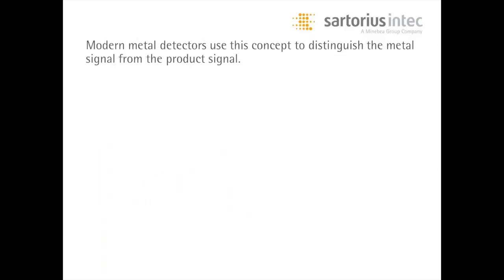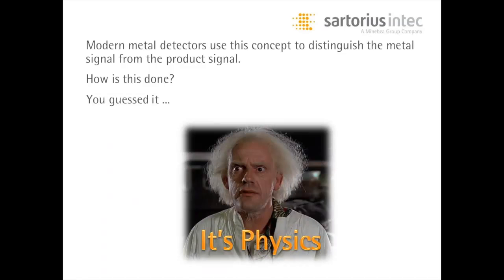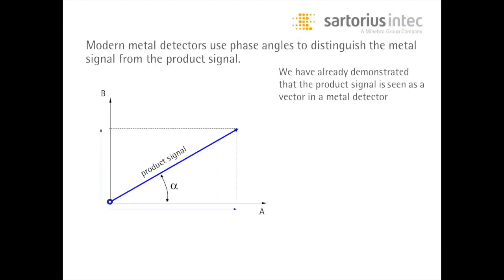So modern metal detectors use this concept to distinguish metal signal from the product signal. How is this done? You guessed it. It's physics. This is vector addition, and vector analysis is a physical property typically learned in many physics courses.